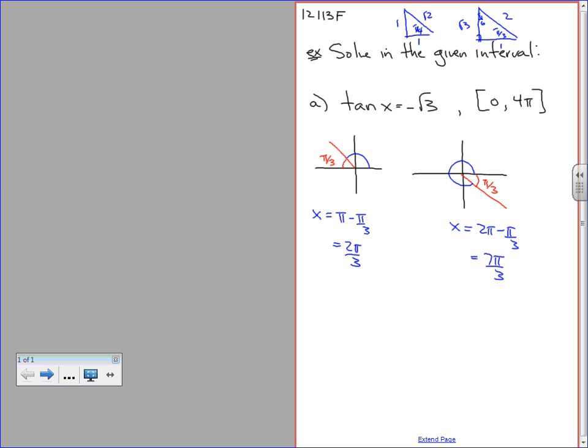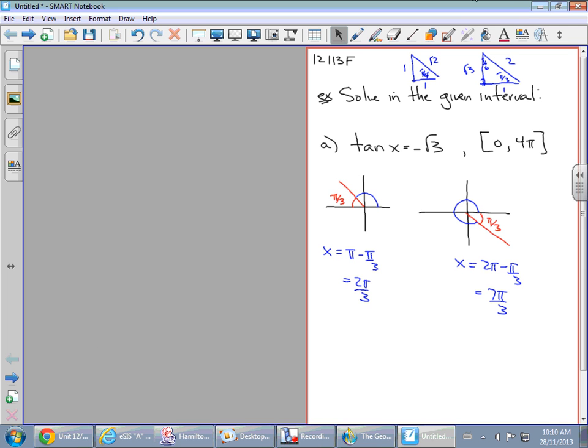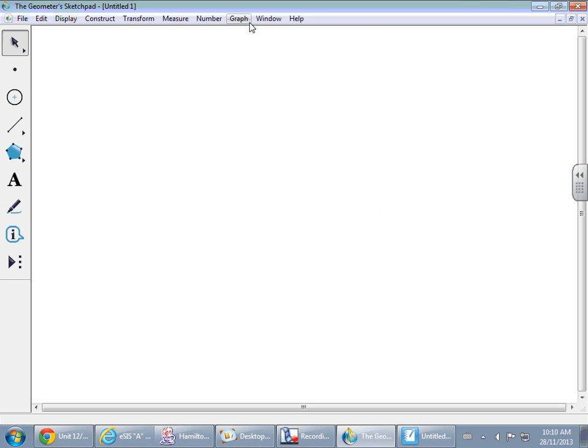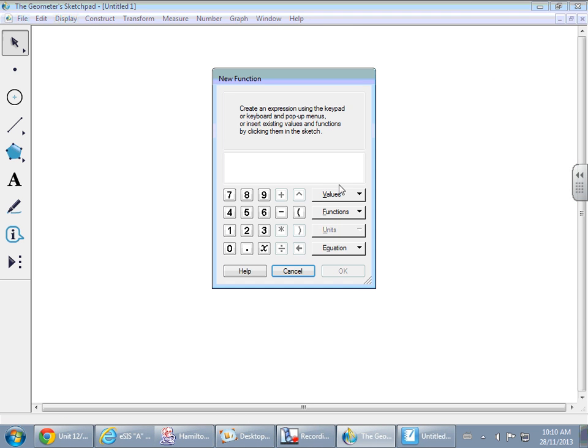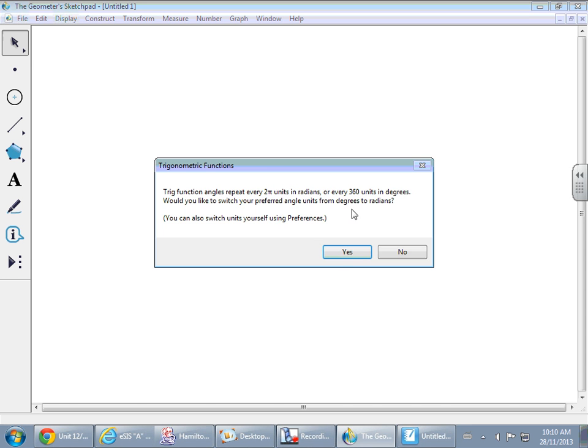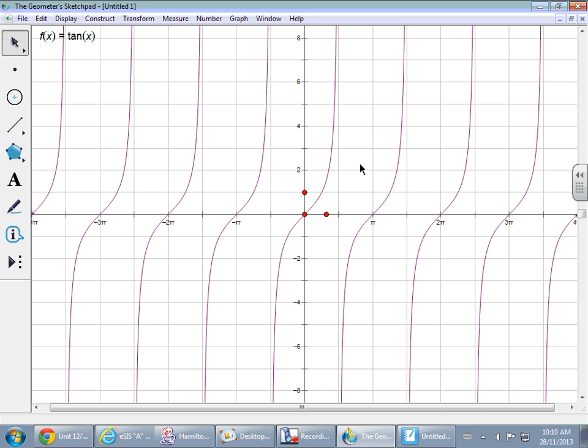So this is a little bit different because remember the sine and the cosine curve, there's two primary angles because the sine and the cosine curve are equal to a value twice in its primary cycle. Okay? The tangent's a little bit different. So if I graph the tangent curve, this is the graph of the tangent curve.